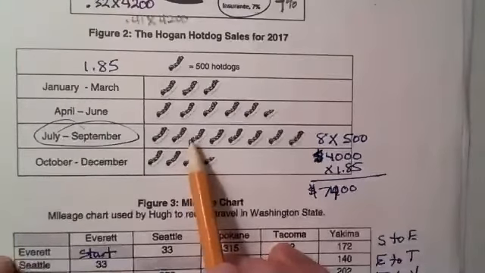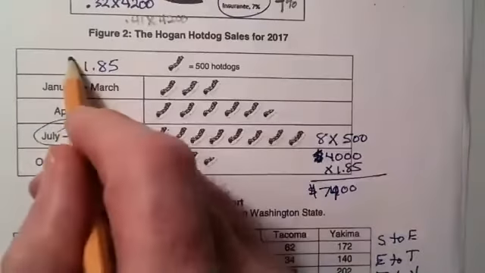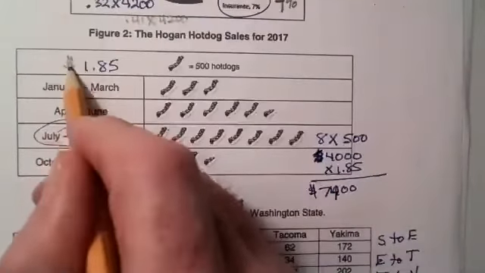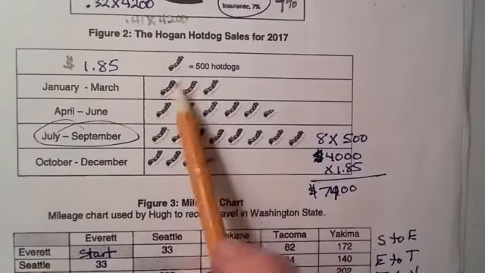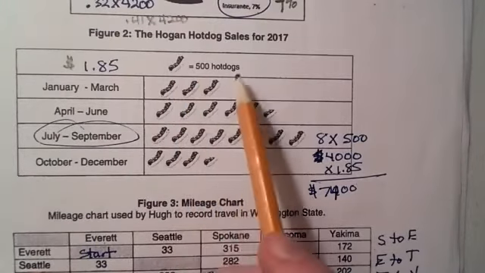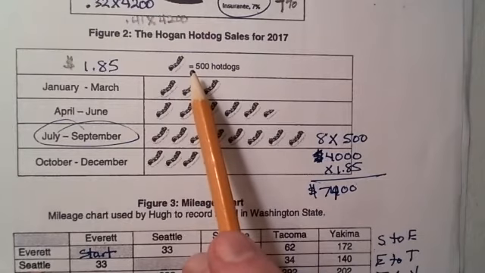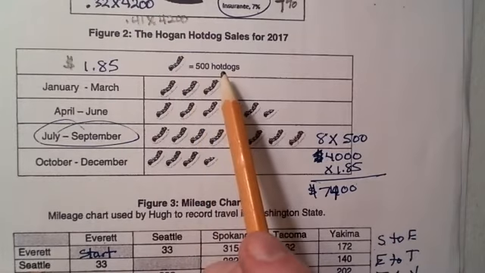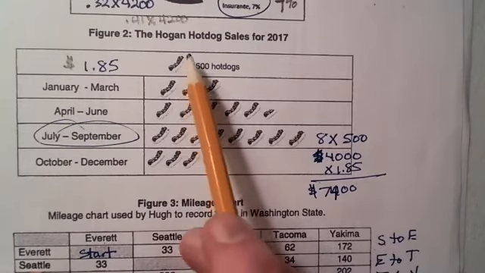I'm looking at my chart. For each hot dog, it's $1.85. That's how much it is per hot dog. This little symbol in the chart equals, it says in the heading here, 500 hot dogs. That's 500 hot dogs for each symbol.